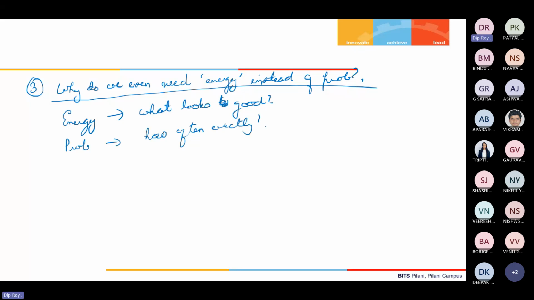Two perspectives of looking at things. Energy says whether the state is good or bad. Probability says how often this state occurs. What is the frequency of occurring of this particular state? Two different ways of looking at the state.